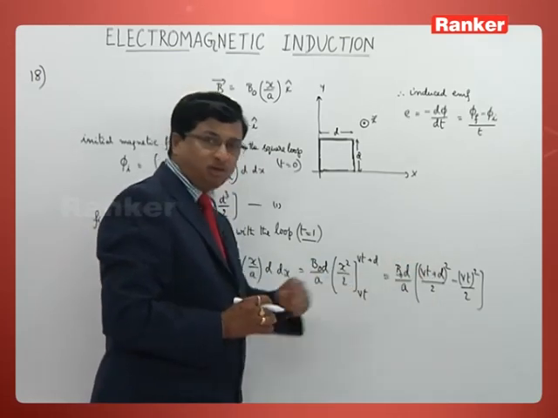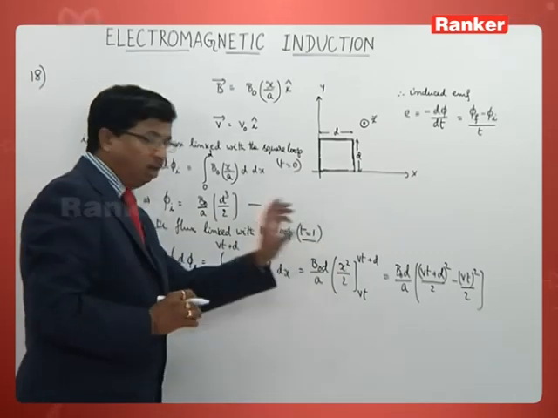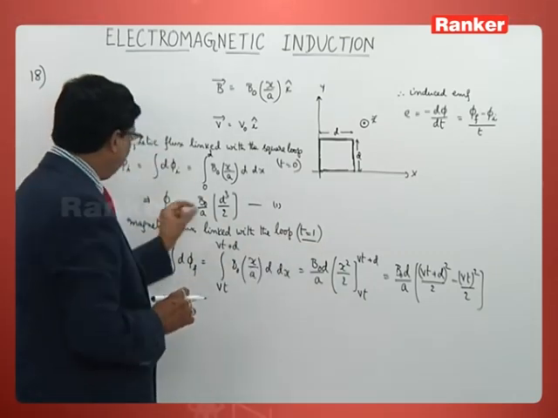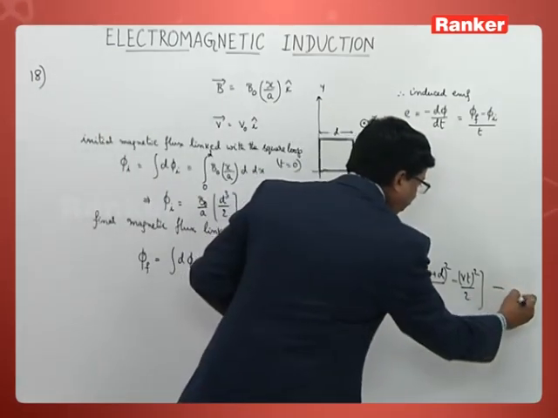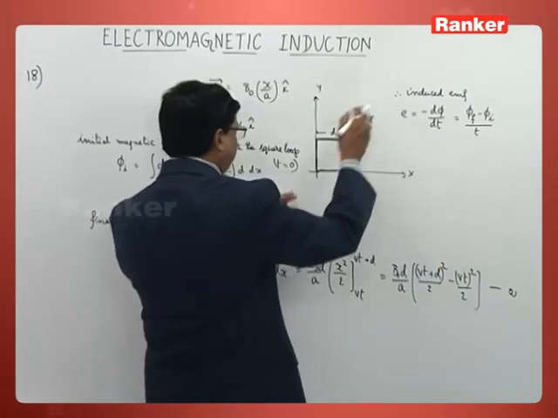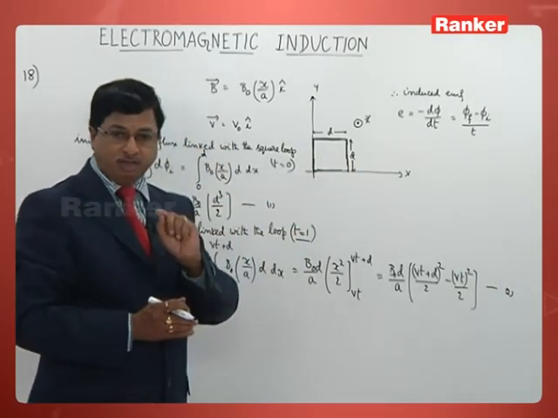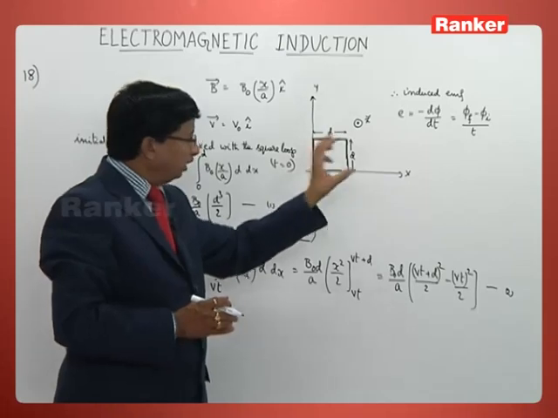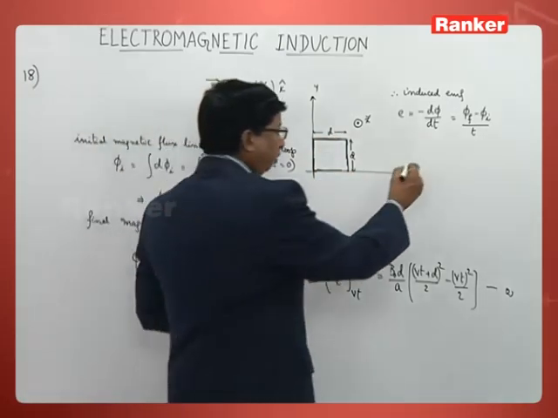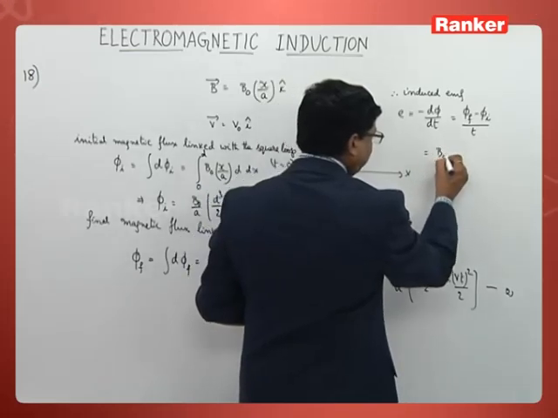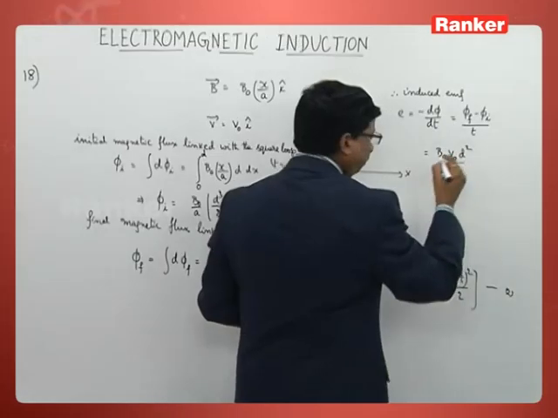You can simplify the total lot. You will be getting the value of phi final. This already we have got phi initial. This is my second equation, and phi final minus phi initial by t, which is going to be 1 second. If you simplify that one, you will be getting directly b naught v naught d square by a.